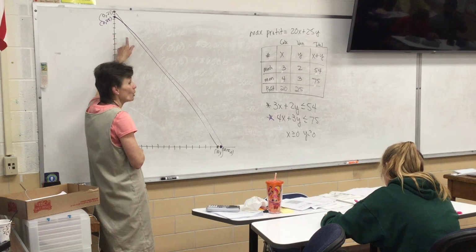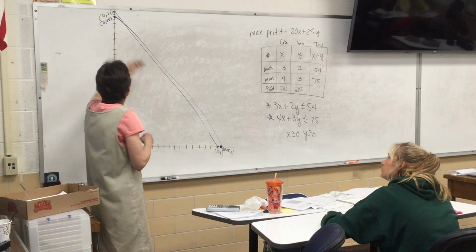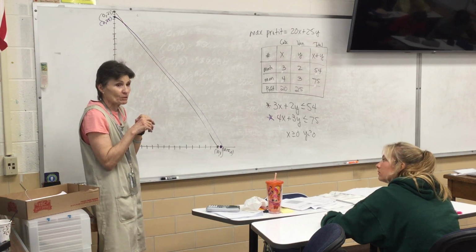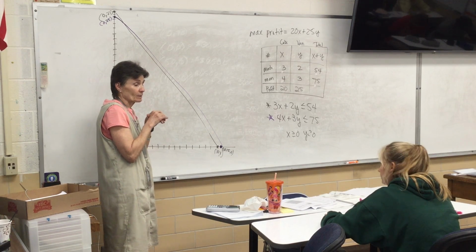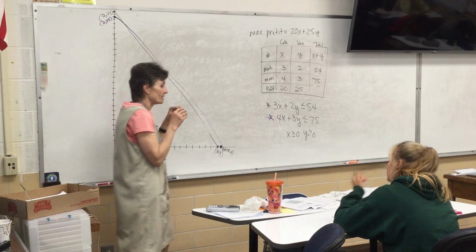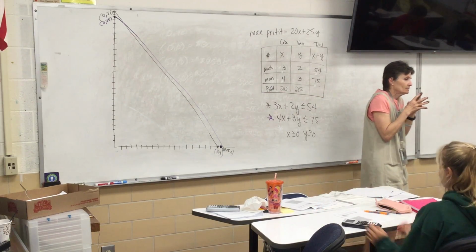Now, I know these two lines cross each other, but because my lines were so bad and I had to squish everything up, I have no idea where they cross, but I'm gonna figure it out algebraically. Are your lines crossing each other? Okay, so the picture matters, but it doesn't have to be totally exact.